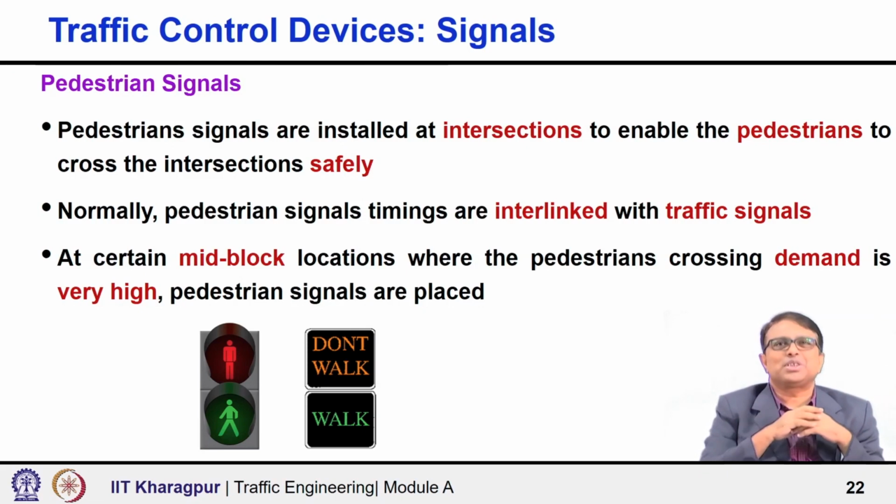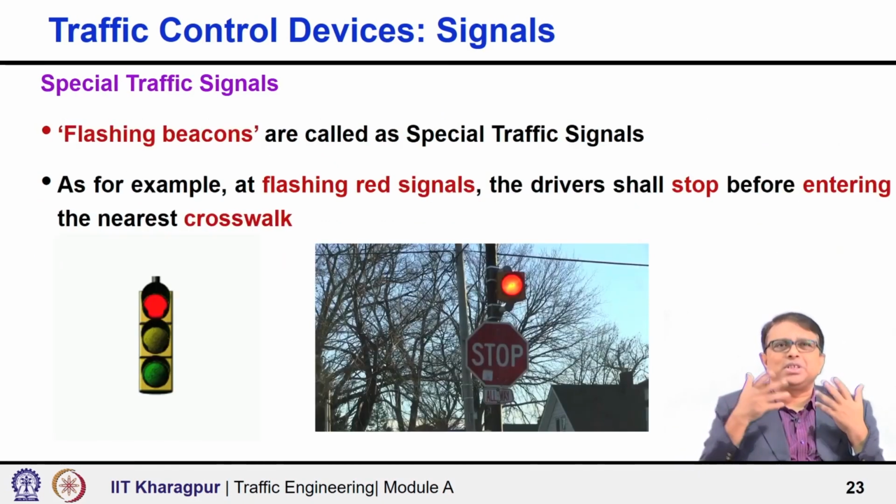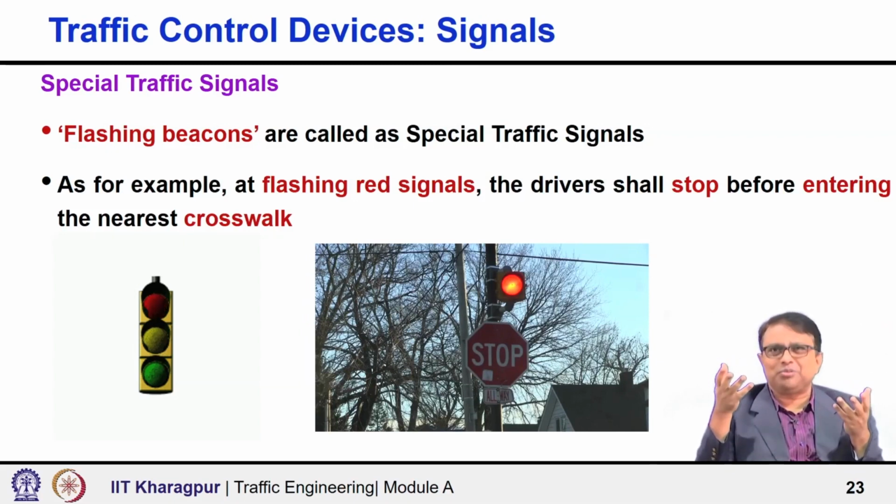At certain mid-block sections, where there is a high demand for pedestrian crossing, we still install pedestrian signals, so not necessarily at intersections. Then there are special types of signal, like flashing red or flashing amber.